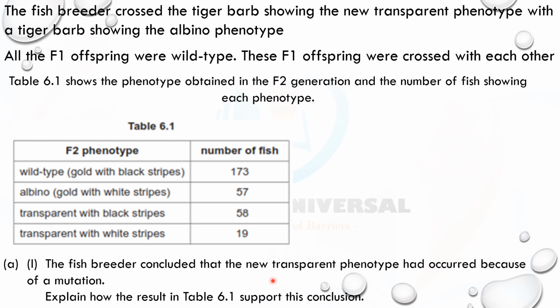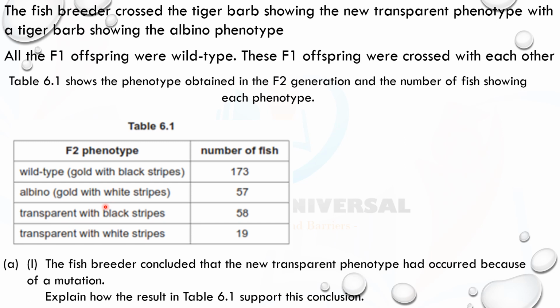Now, of course, number one, you see that the transparent phenotype is a new allele. Mutation introduces a new allele, and it's not just that it is a new allele, it is also recessive, because when it was crossed, all the F1 offspring were wild type. So that transparent one is recessive and is new. And to show that this is mutation, it is transferred to the second generation, the F2 phenotype, so it is inherited.